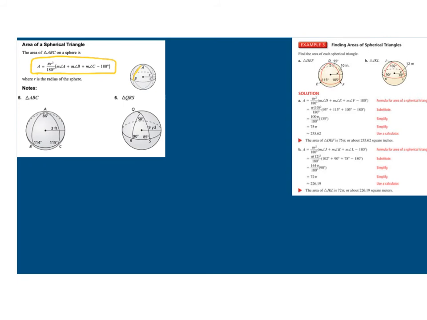So here's our triangle ABC. Let's look at number 5. So we'll first write our formula that helps us remember it and to substitute correctly.